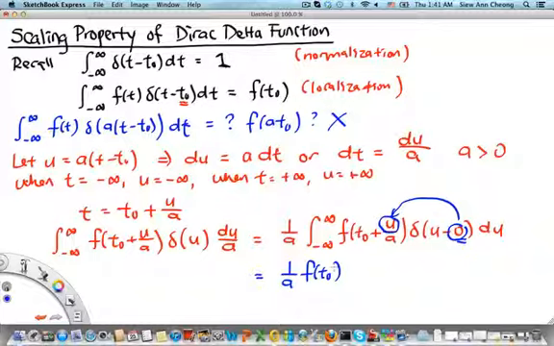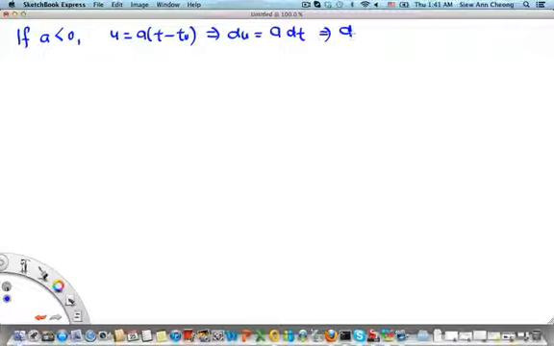Now what happens if a is negative? So let's see. If a is less than 0, we can still write u equal to a times (t minus t naught), in which case du is still equal to a dt, and therefore dt is still du over a. And in fact, if we write down t in terms of u, it will still again be t equal to t naught plus u divided by a.